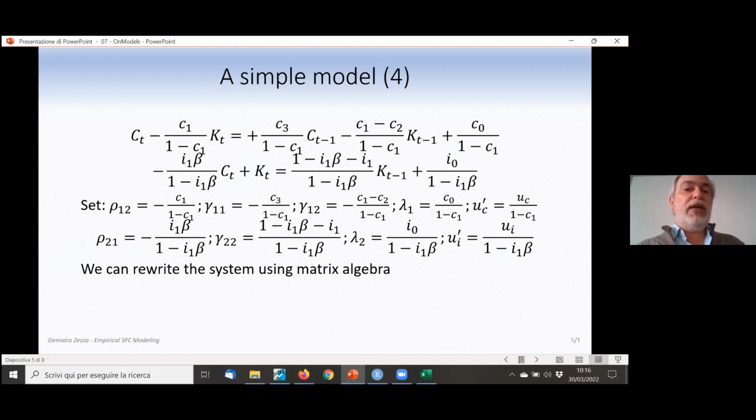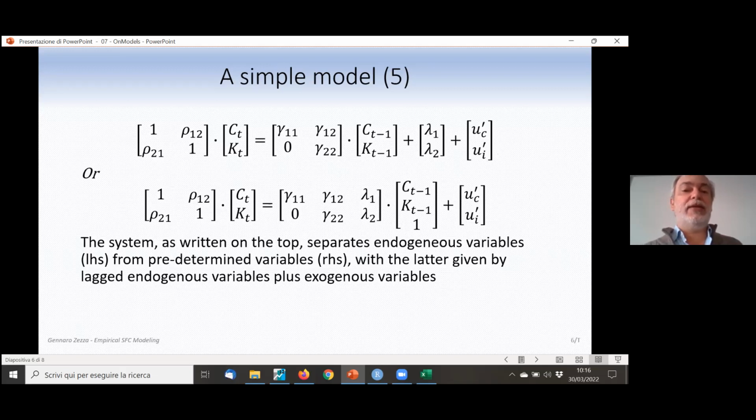And we can further simplify by substituting these fractions with other parameters, so that we can rewrite the model in this form.